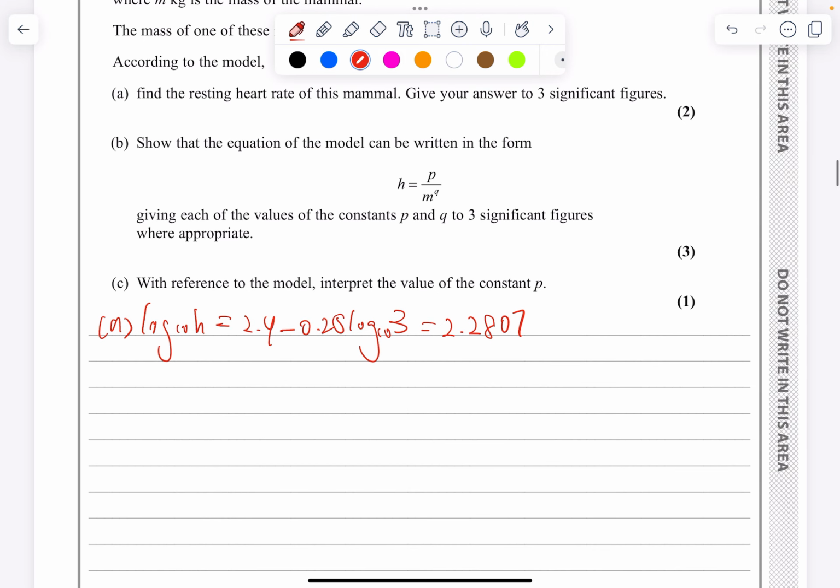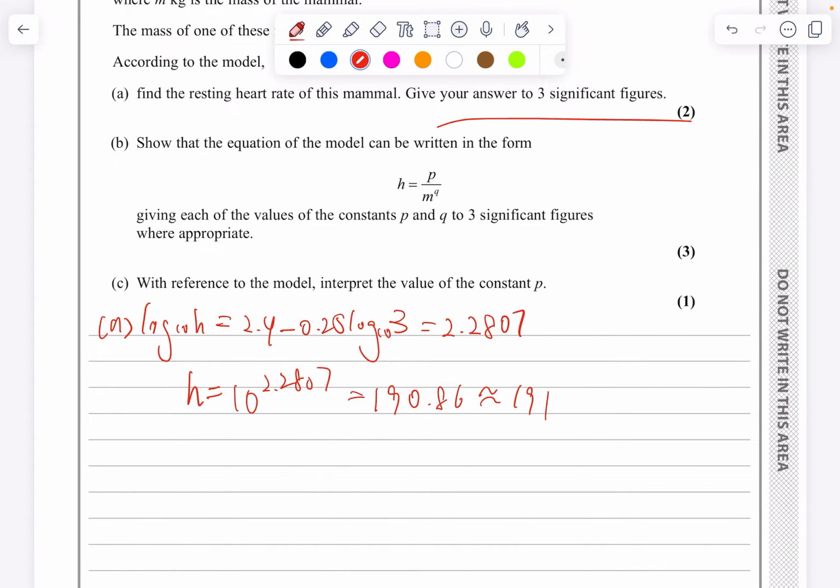Then we know h will equal to, we take 10 power on both sides, 10 to the 2.2807. So 10 to the answer power will equal to 190.86. Let's just call it 191 because it's 3 significant figures.